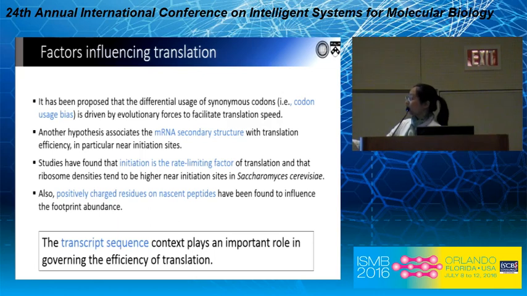And also, people found initiation is probably the rate limiting factor, at least in yeast, and maybe the positively charged residues on nascent peptides could also play a role in this translational dynamics. Though there are many hypotheses, there is one thing in common, that it's transcript sequence dependent. So I think it's reasonable to ask, can I use this sequence context to predict the ribosome profile shapes?